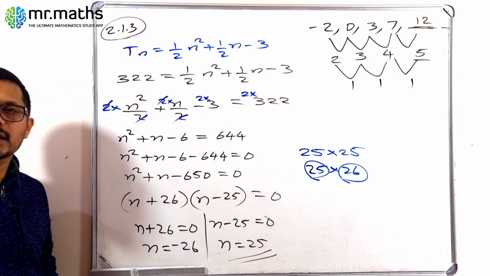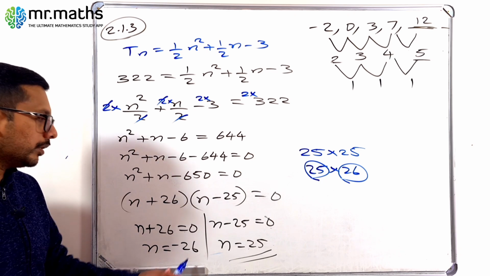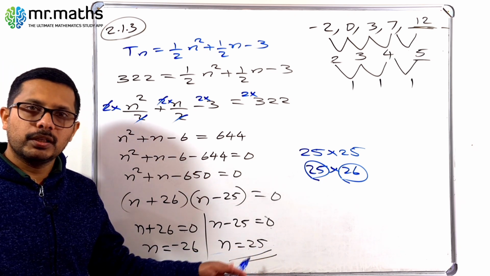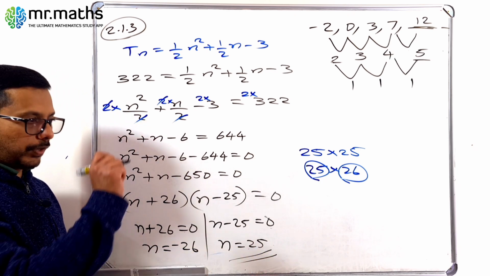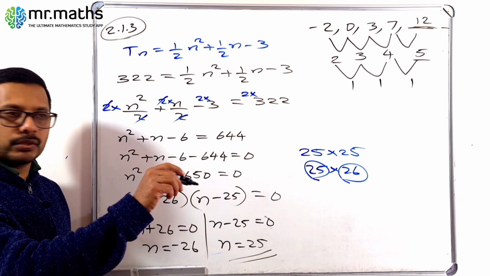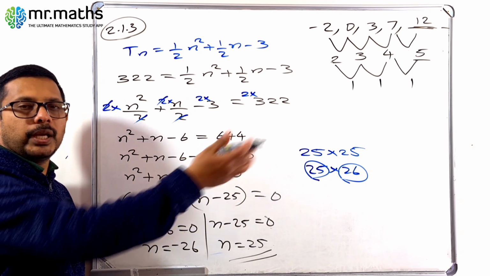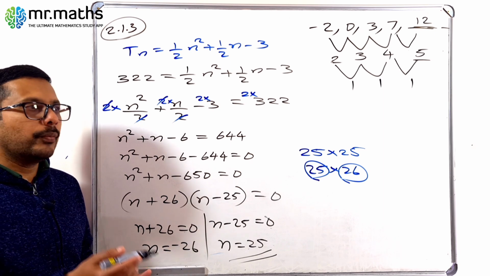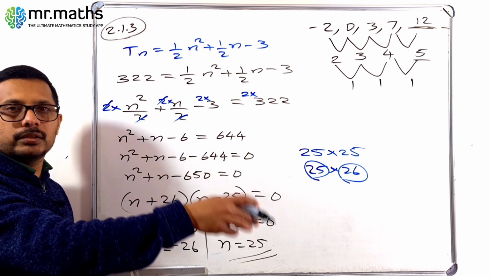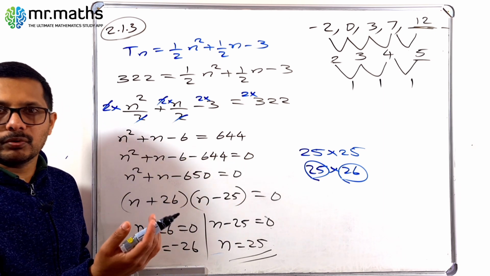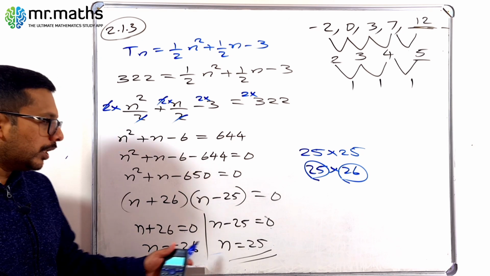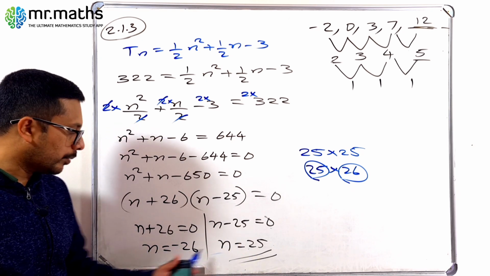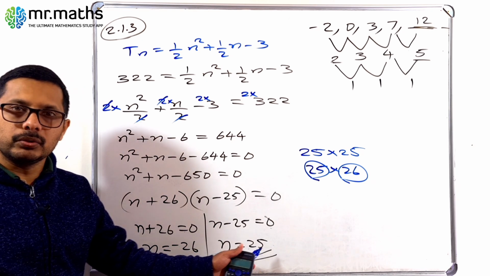So which one is the correct answer here? Is it minus 26 or plus 25? Of course, we can say the number of terms, fifth term, sixth term, eighth term, we can say it like that, but it's not possible to say minus fifth term, minus 10th term. There is no meaning of that. That means n must be a positive answer. So which one is a positive answer? N is equal to 25.